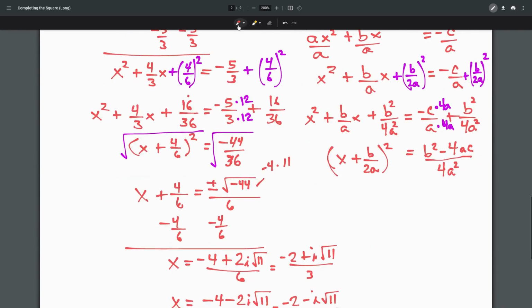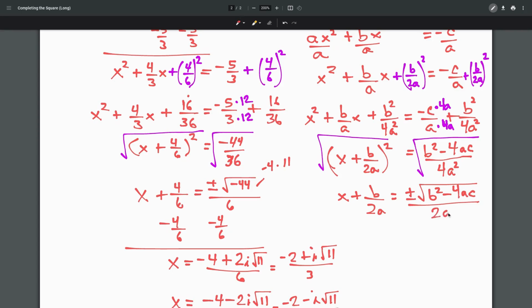And now I can take the square root of both sides. And I'm going to get x plus b over 2a equals plus or minus the square root of b squared minus 4ac all over 2a. Now I'm going to subtract b over 2a from both sides.